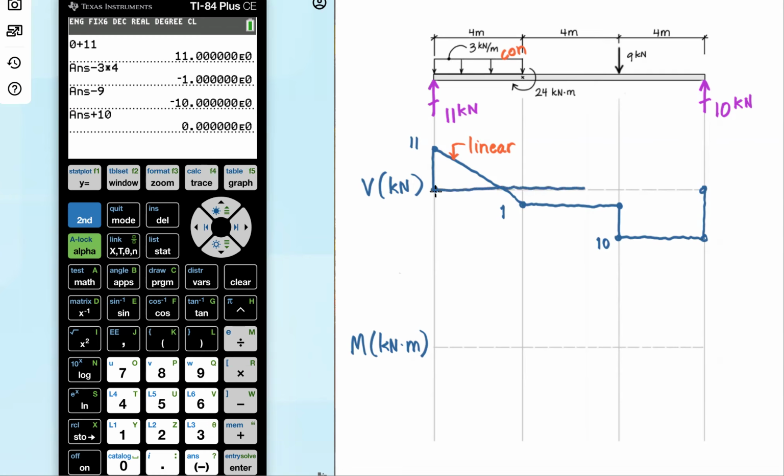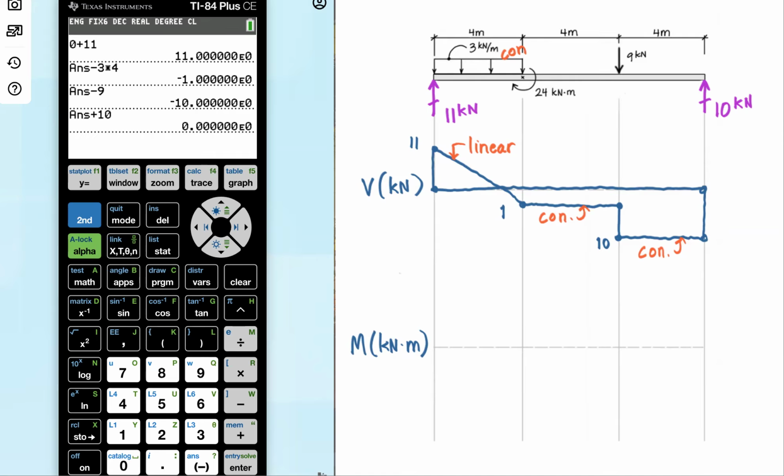But my shear diagram is looking really good. So if you are taking statics with me or mechanics of materials, I'll ask you to label all of your functions so that I can double check and make sure you know which are constant, linear, quadratic, et cetera. All right, moving forward into the moment diagram.